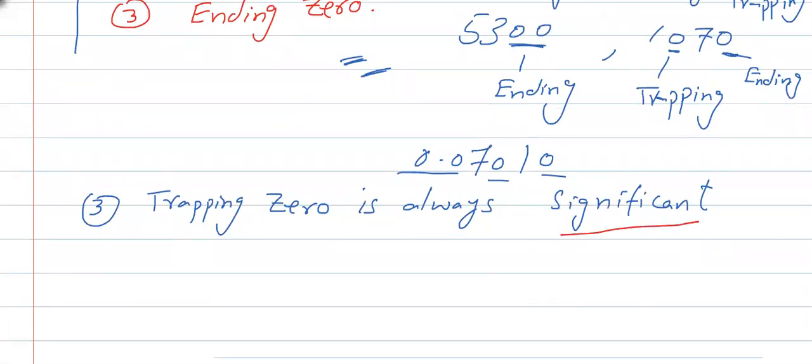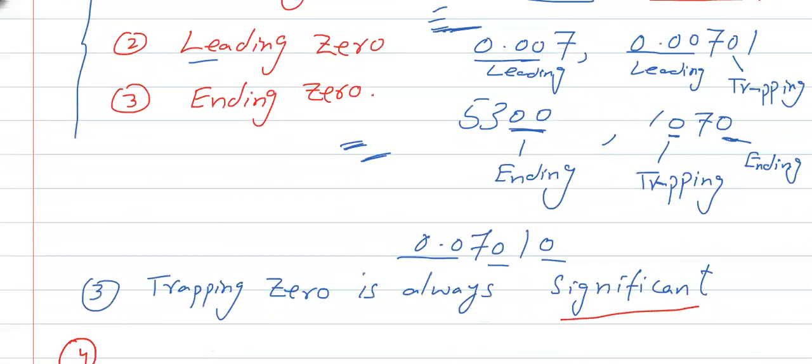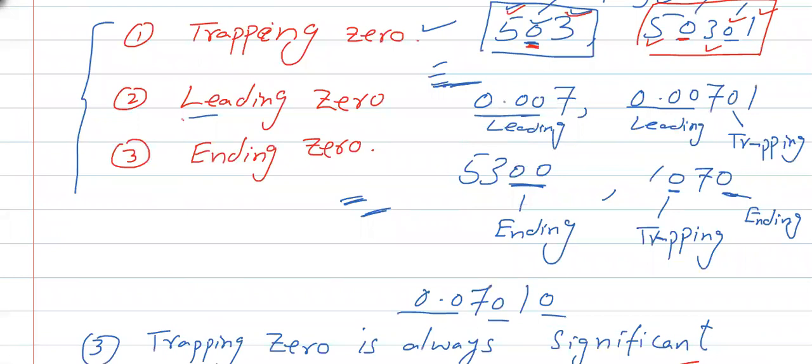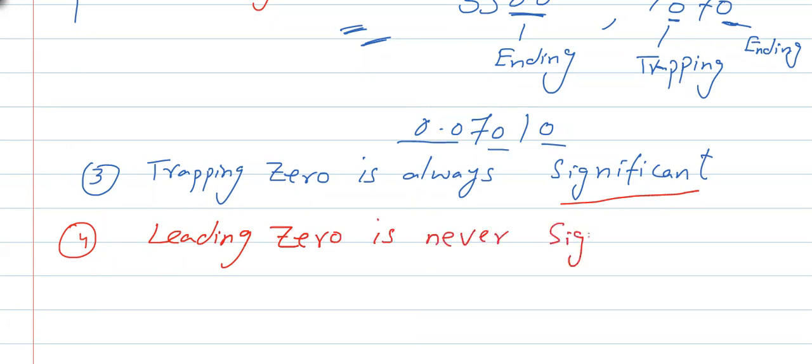All right. Now the rule number 4 is about the leading 0. The leading 0 will never be significant.